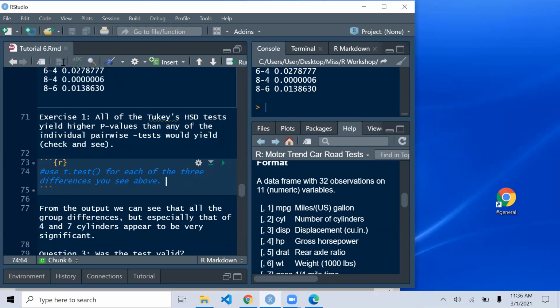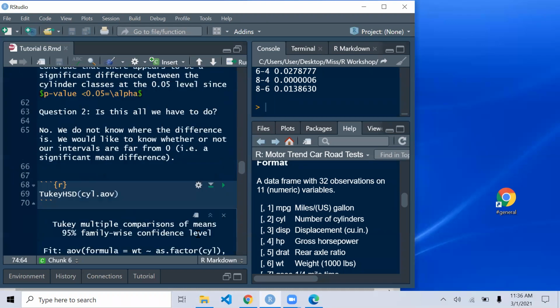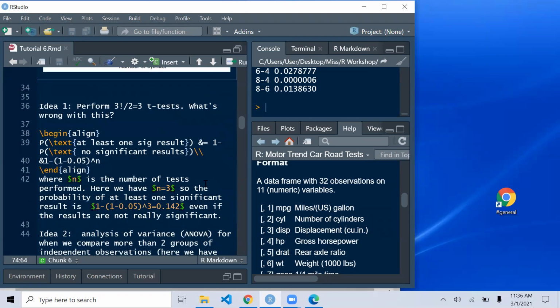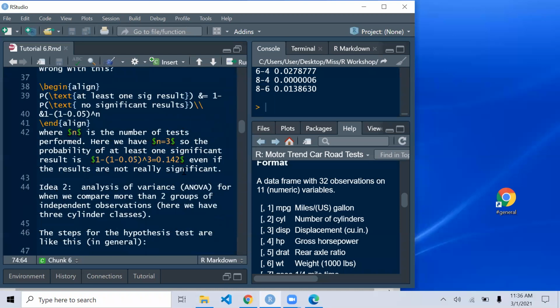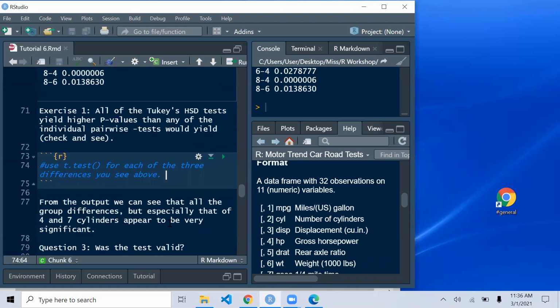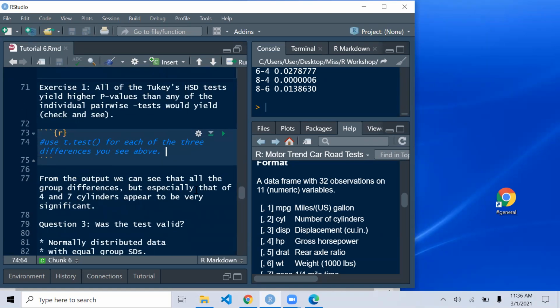So this is a real salient problem that goes back to the idea that if you perform too many tests, you're going to eventually, with probability 1 from the math we showed here, see a significant result when in fact you did not have one, right? So we need to be mindful of this. This is why we're going to make this correction. You can check how pervasive this can be by looking at your t-test function to see what comes up.